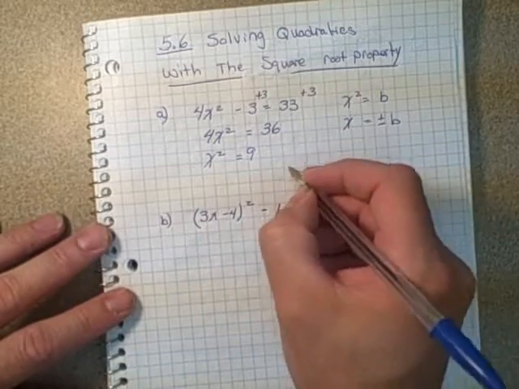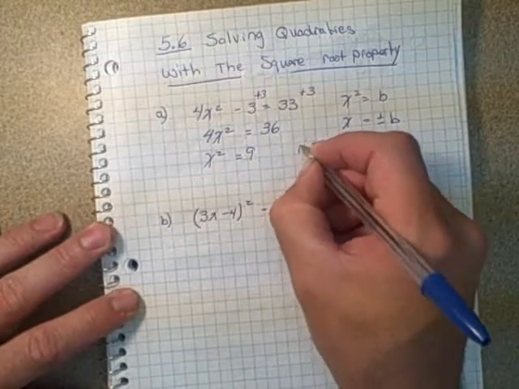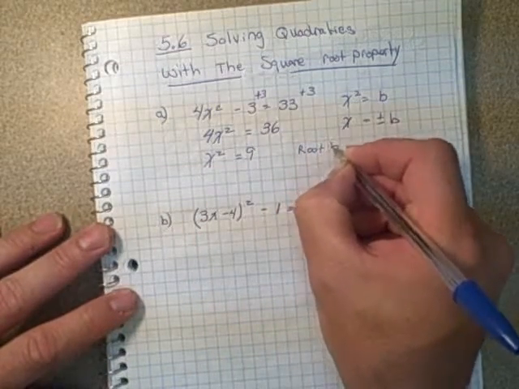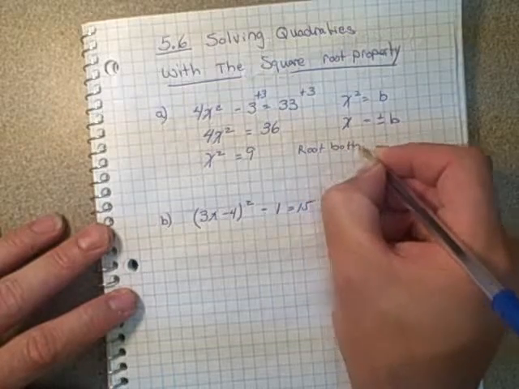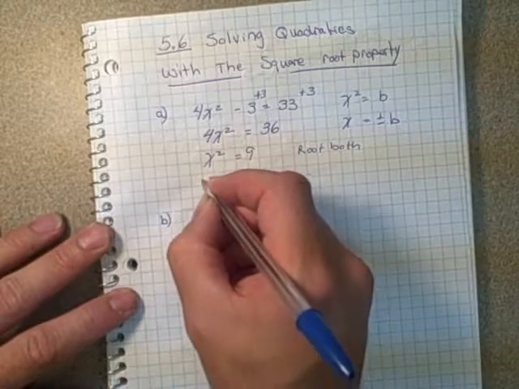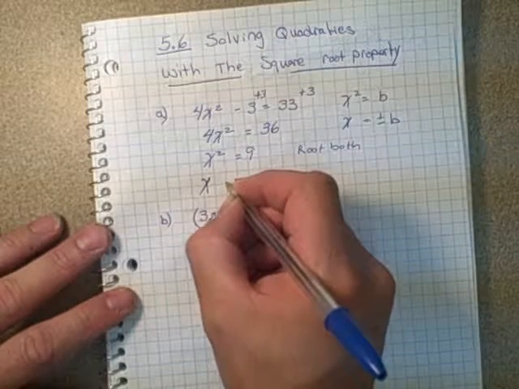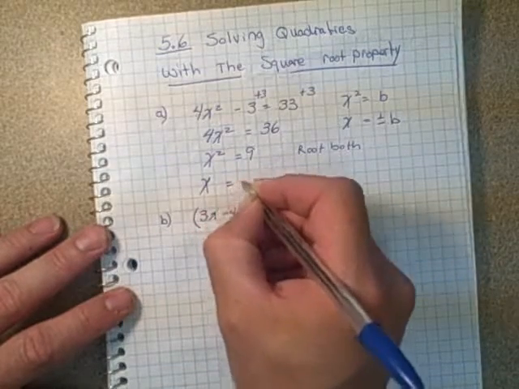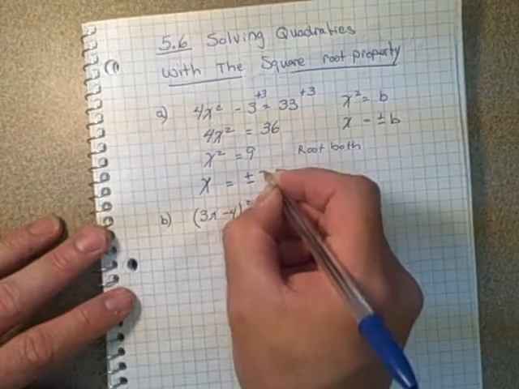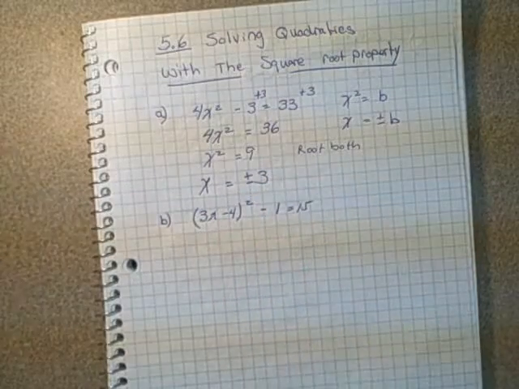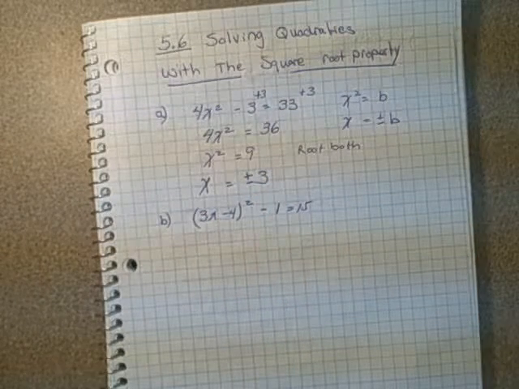And then we square root both sides. So if I root the x squared, that becomes x. And the square root of 9 can equal plus or minus 3, remembering that negative 3 times negative 3 is also 9.